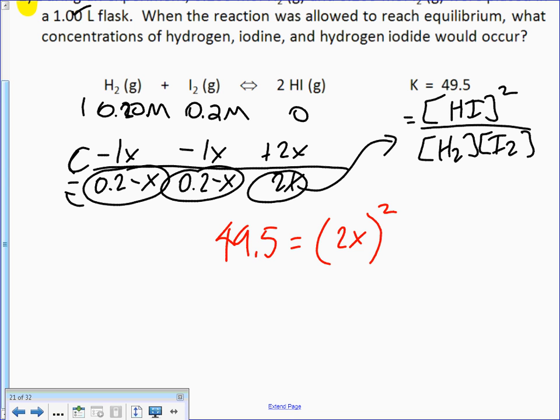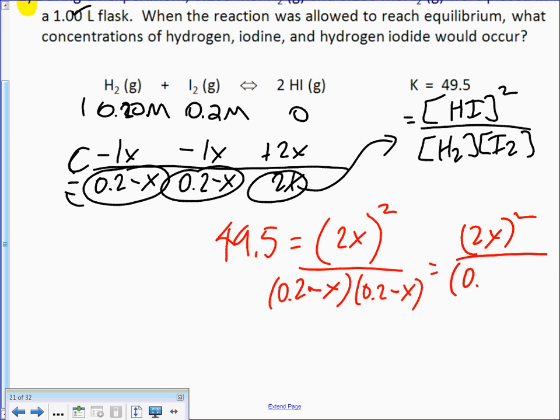And then over what? 0.2 minus x, for the H2, and then why are you squaring it? Because there's 2 of them. So 2x squared over 0.2 minus x squared, because you can combine those.